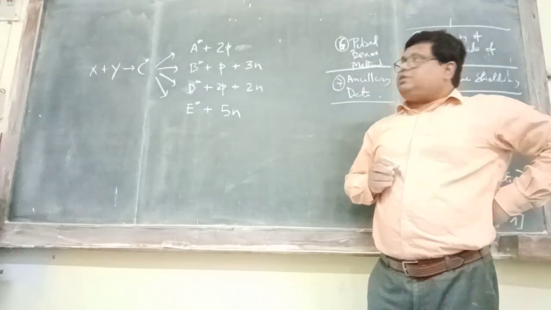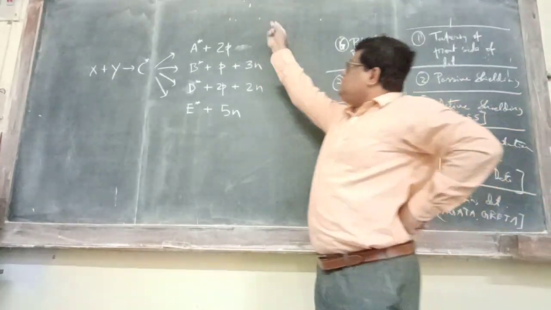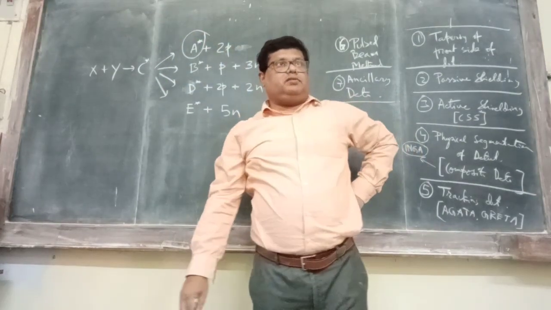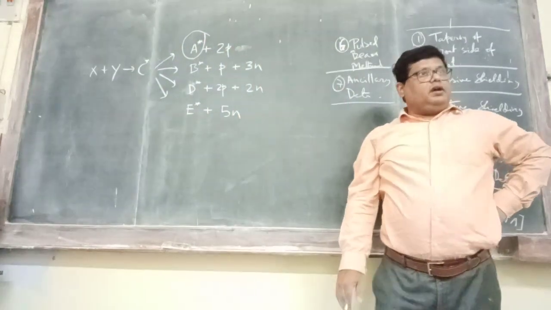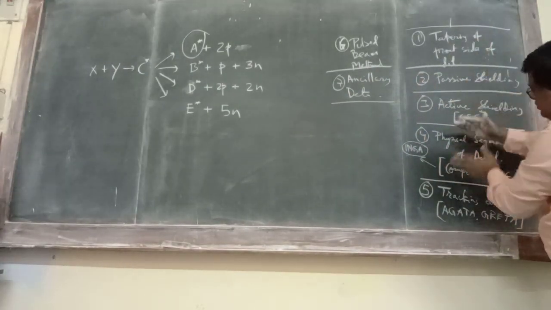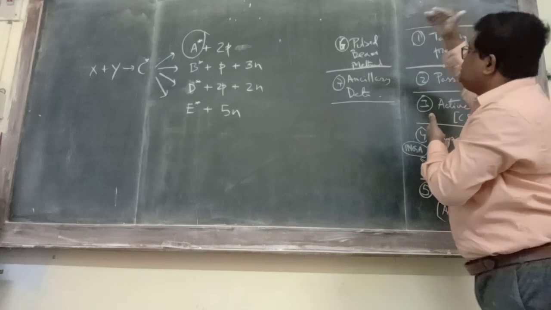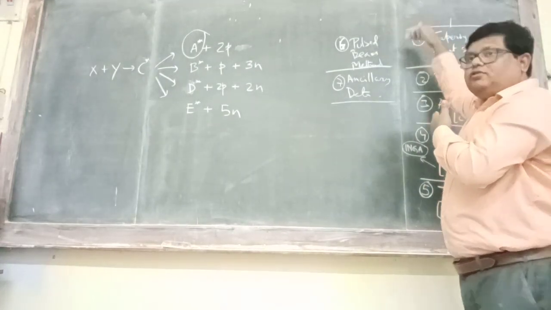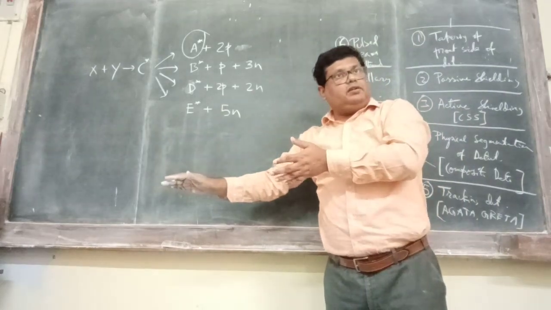Now, you see, suppose we want to study this nucleus, A star. Okay. Now, we want to study, so we have used all these good, sophisticated techniques till here. Even pulsed beam techniques. We have used all the 6 techniques over here.